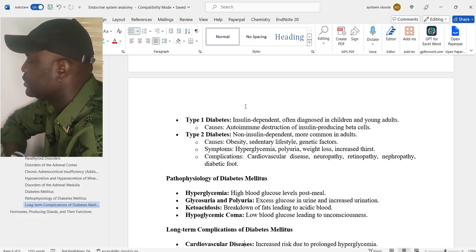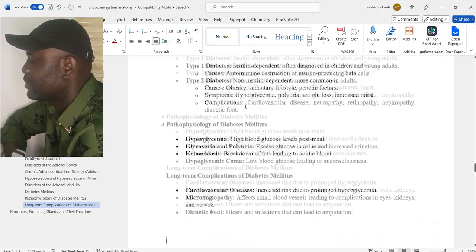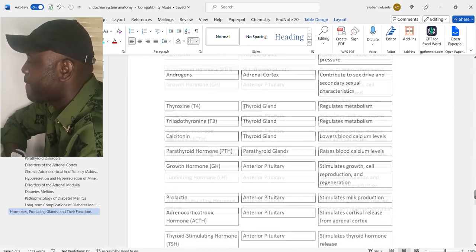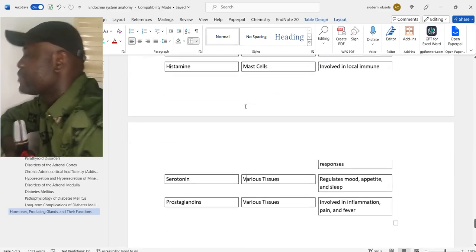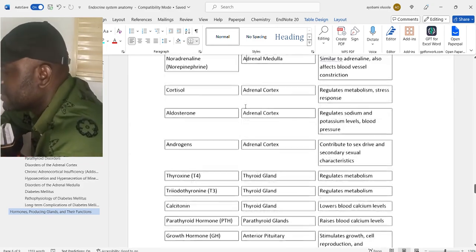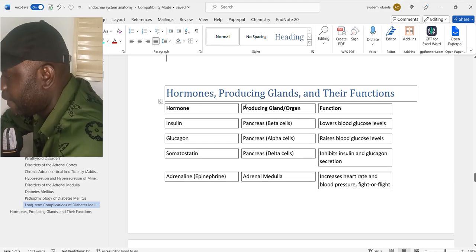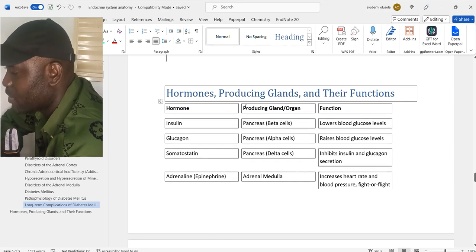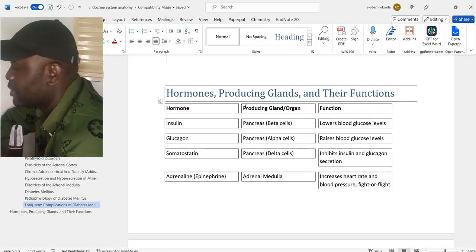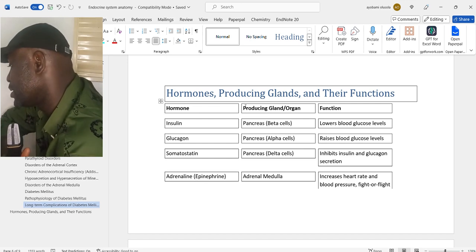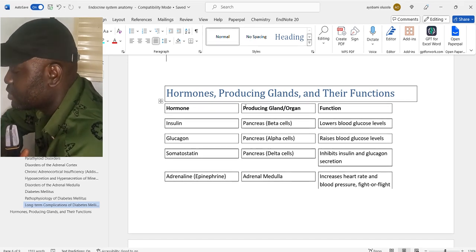So I gave a table here to summarize all the hormones produced in the body and their functions. First, insulin. Insulin is produced by the beta cells of the pancreas, and what insulin does is to lower blood glucose levels. Glucagon is produced by the alpha cells of the pancreas, and what glucagon does is to raise blood glucose levels.